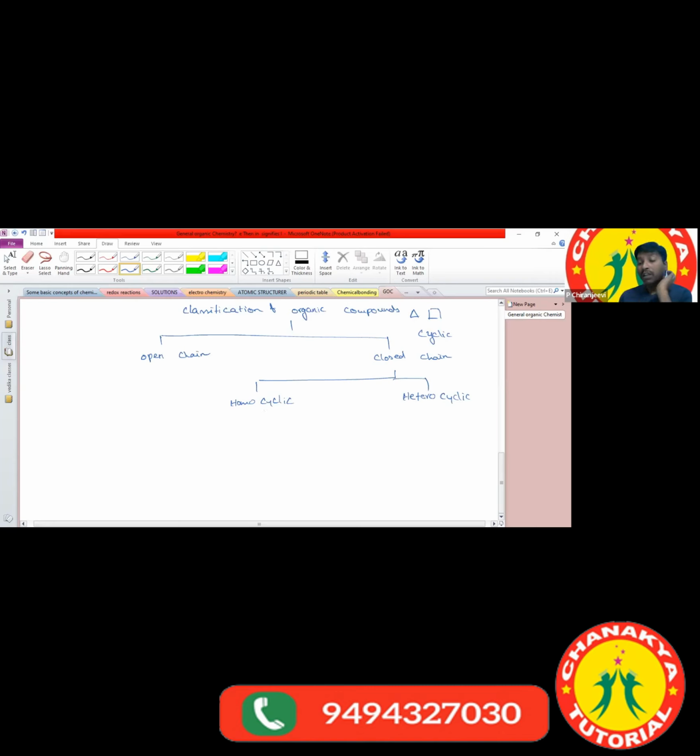Heterocyclic compounds are cyclic rings in which one carbon atom is replaced by oxygen, nitrogen, or sulfur.